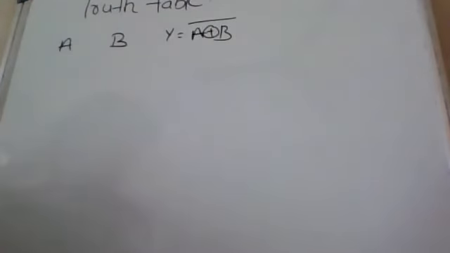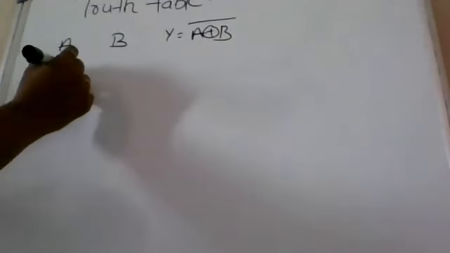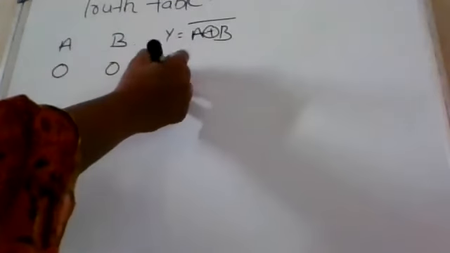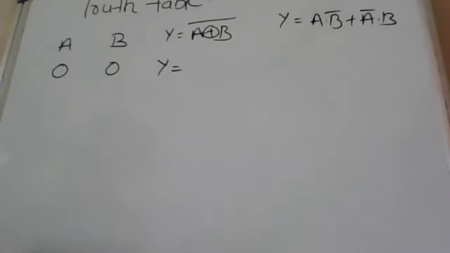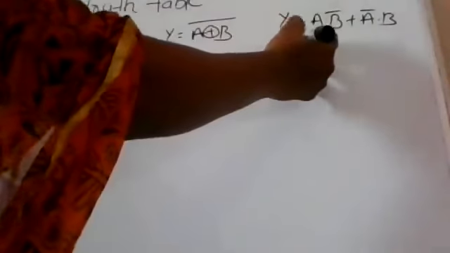A, B inputs, y equal to A exclusive operation B complement. So 0 0 condition. What is the y? y equal to A exclusive operation B, so what is A exclusive operation B? A dot B complement plus A complement dot B, whole complement.